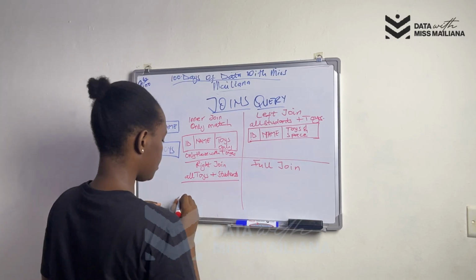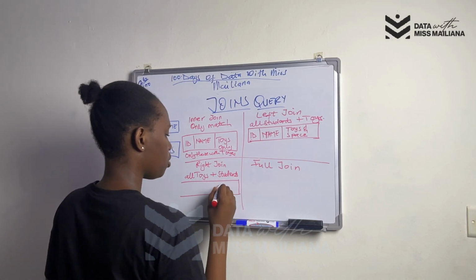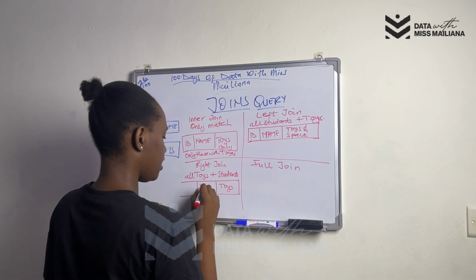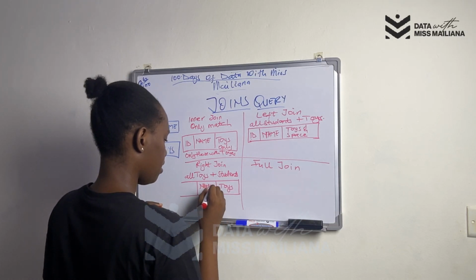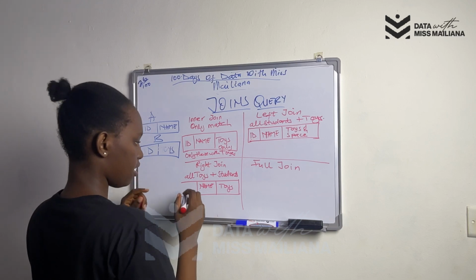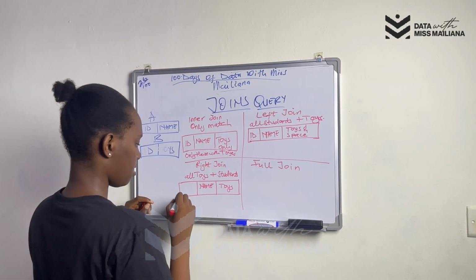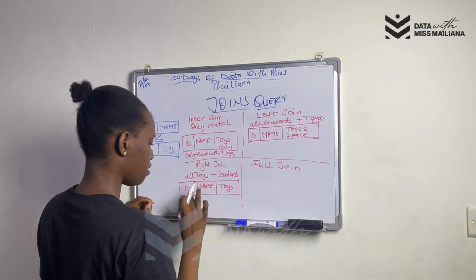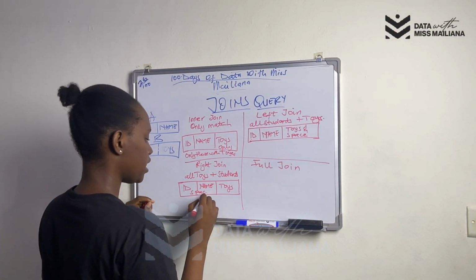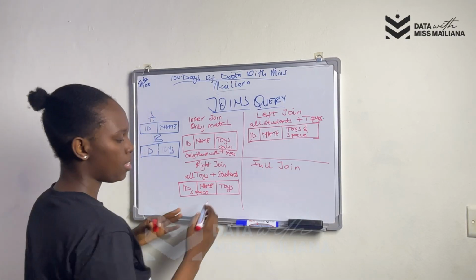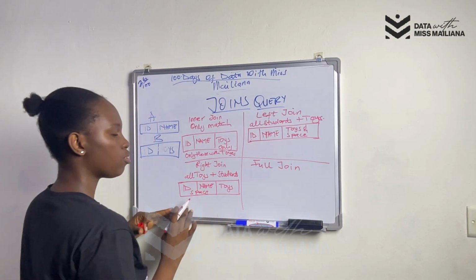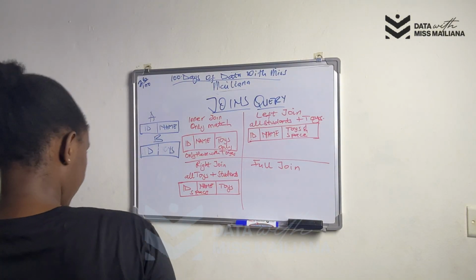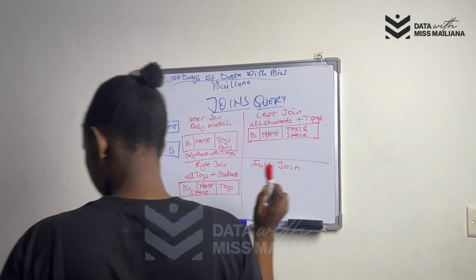So you're going to have something like the toys, the name, ID, and space. So there will be space to show that a toy doesn't have a name. Let me confirm. All right, so yeah, we got it right.